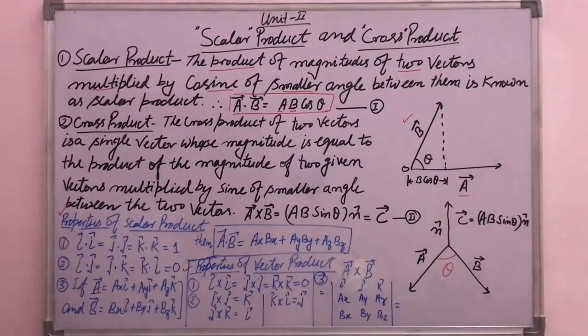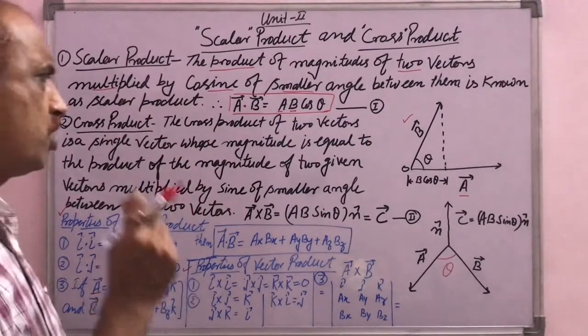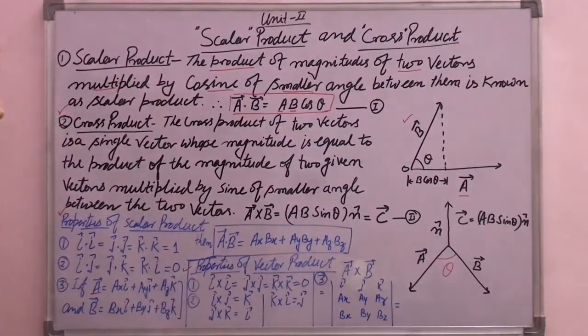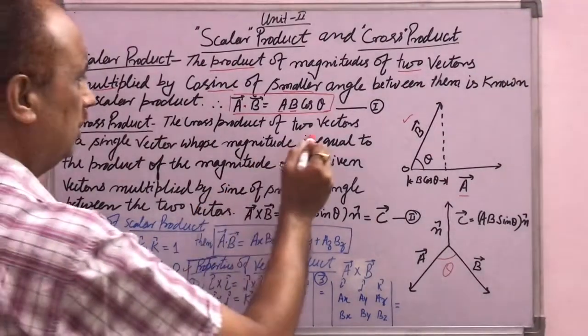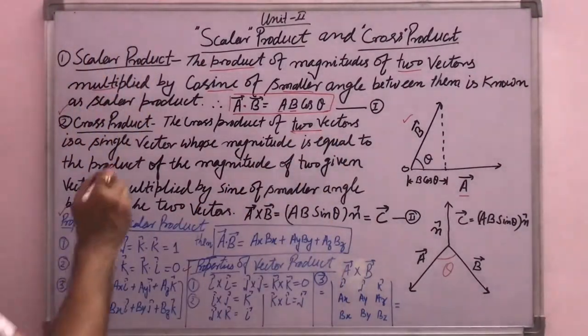Next, number 2 is the cross product. From the definition point of view again, the cross product of two vectors is a single vector.